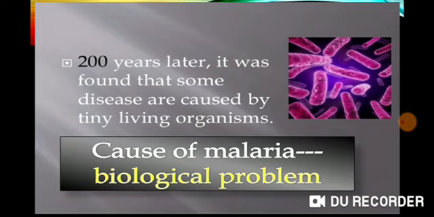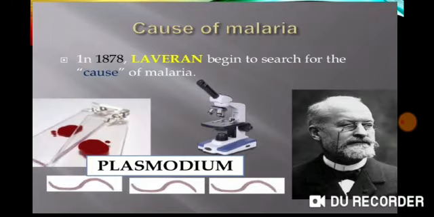After 200 years, it was found that in the blood samples of human beings there are certain living organisms that are the cause of malaria. A scientist in 1878, Laveran, who was in the army at that time, led the study of malaria.